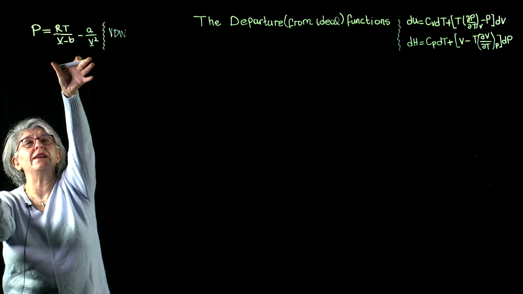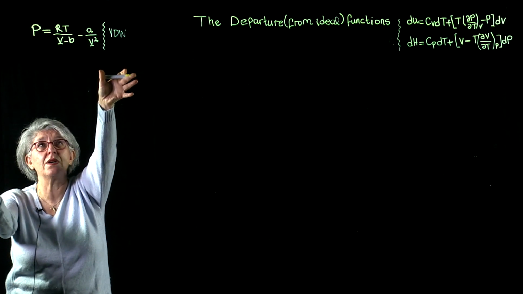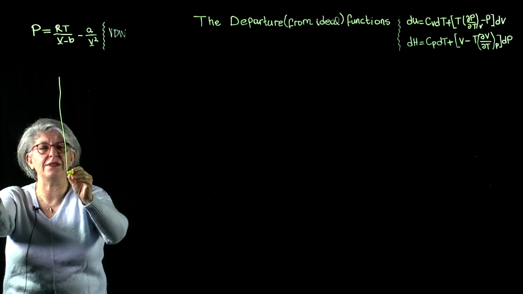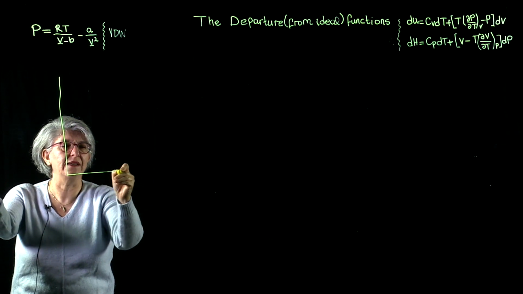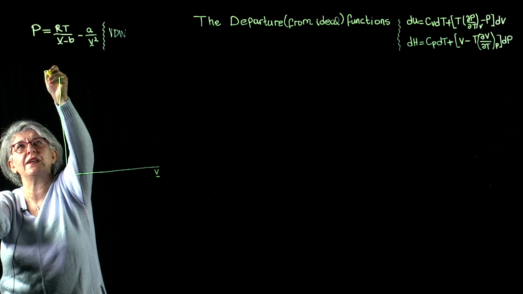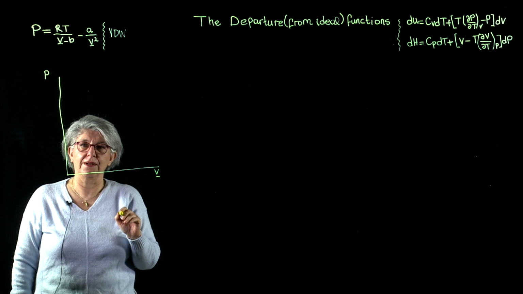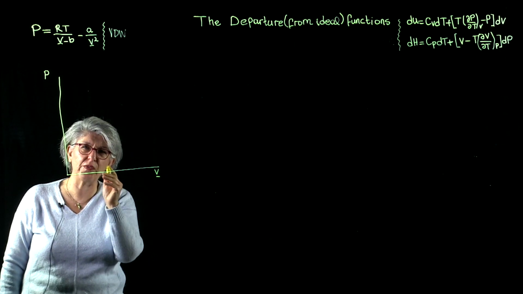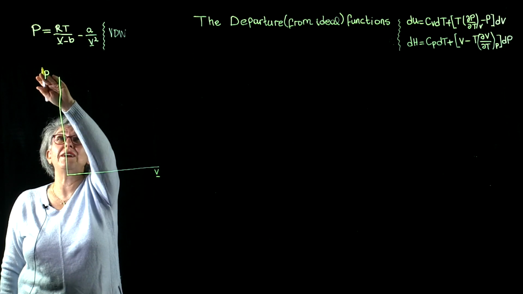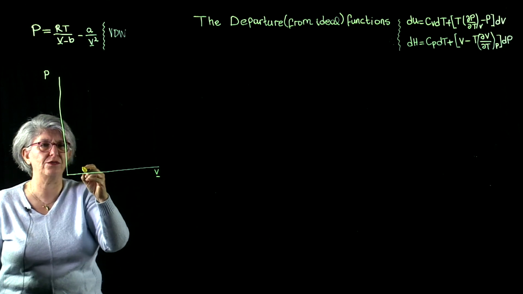Now, let me just elaborate on this Van der Waals equation of state a little bit more to see how it behaves on a PVT diagram. So here we have intensive volume, here we have pressure, and we are going to plot the Van der Waals equation of state in the liquid vapor transition domain.